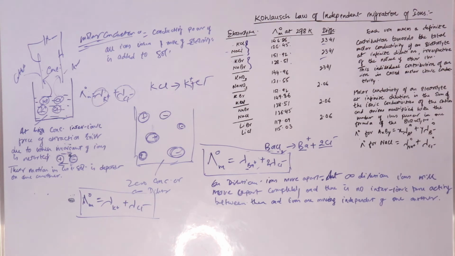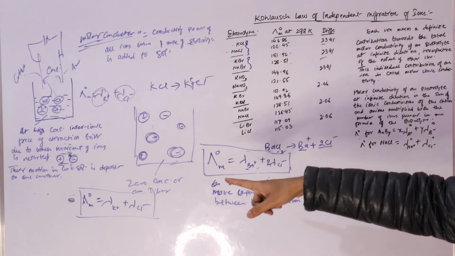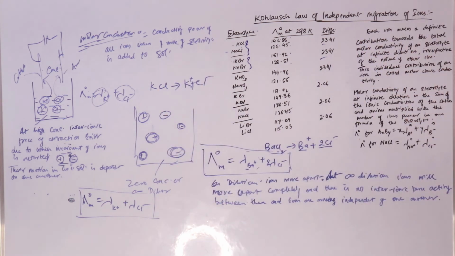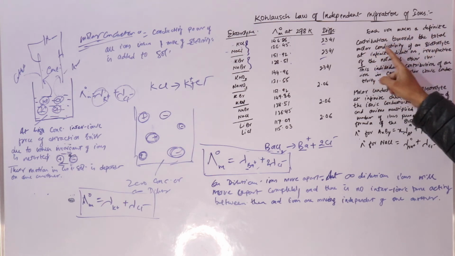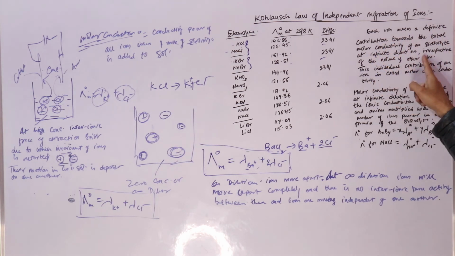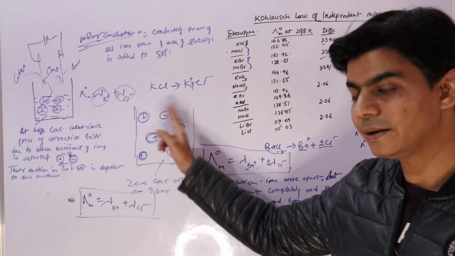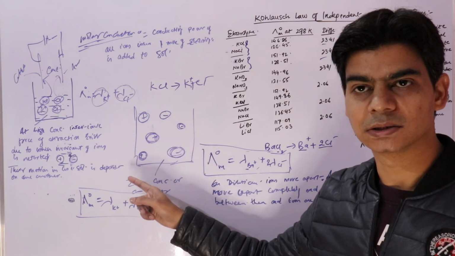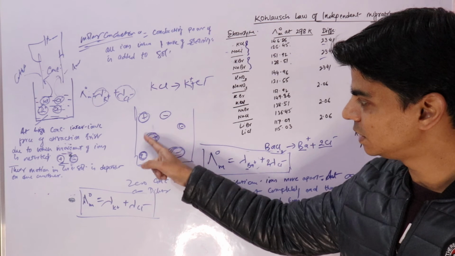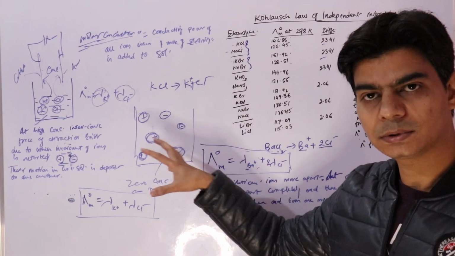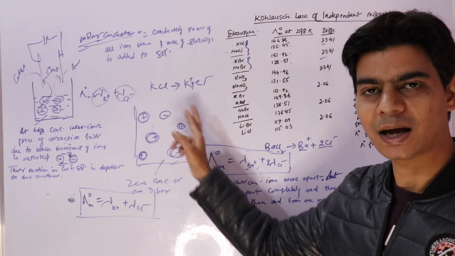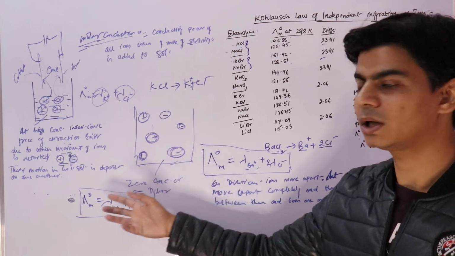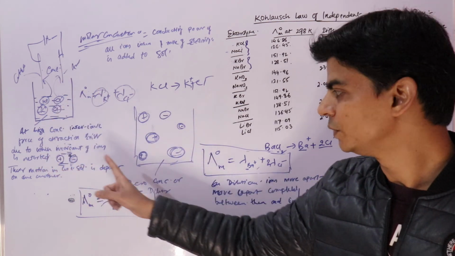Kohlrausch also said that each ion makes a definite contribution towards the total molar conductivity of an electrolyte, because these ions are the current carriers.